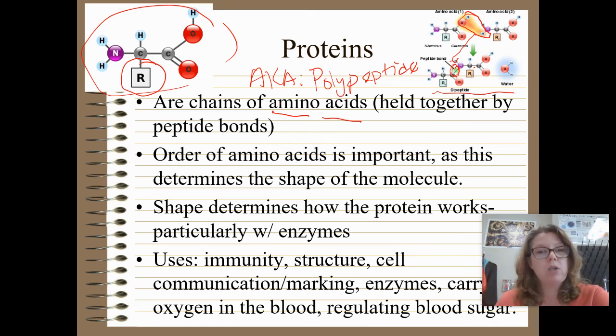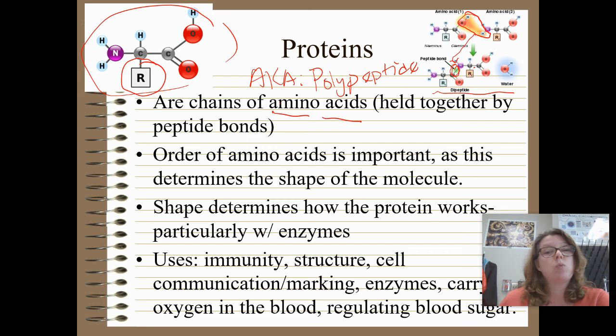And if the shape matches their search image, the cells leave that cell alone. In other words, your cells have these markers that say, hey, I'm a body cell. I belong here. Please, immune system, don't attack me, right? If a cell comes into your system that has different protein markers on its surface, then that's a cue for your immune system to attack and get rid of that cell, right? So they can act as markers, and that you can see right there where shape is important.